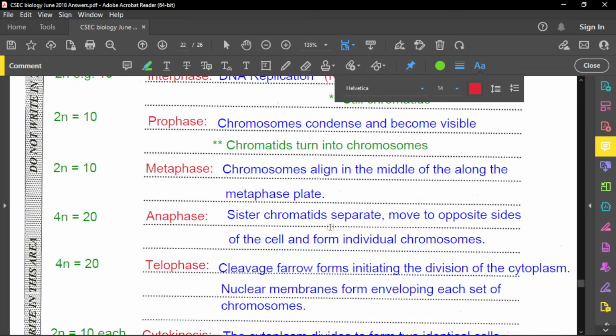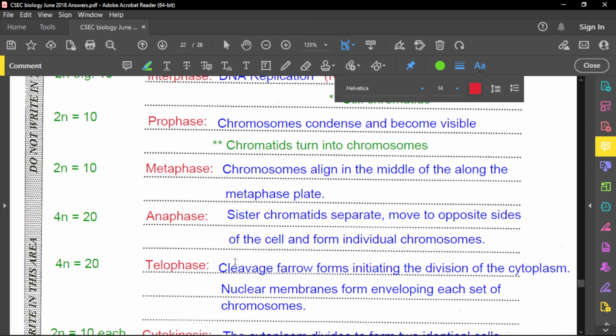Since the sister chromatids separate and form individual chromosomes, the number of chromosomes doubles. So in the anaphase, you have twice the diploid number. That's why we have 4N here. And then now we have the telophase.